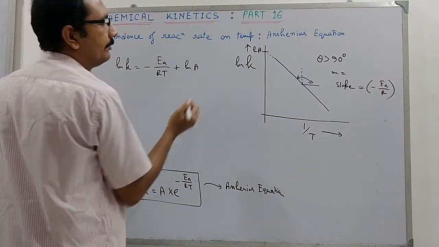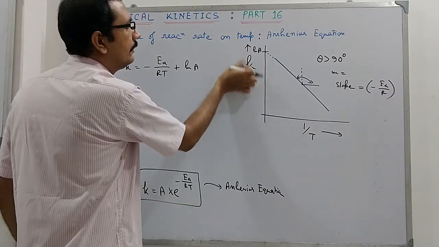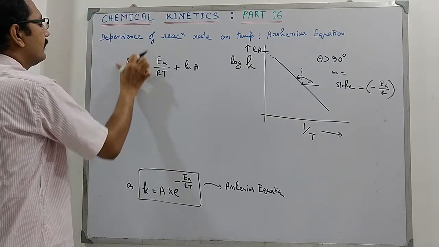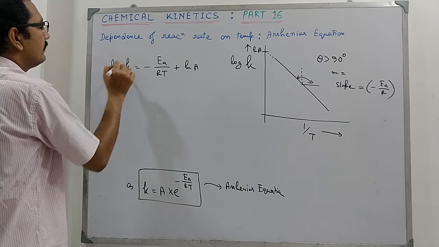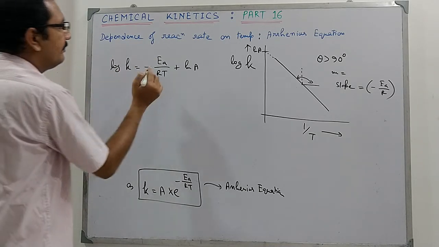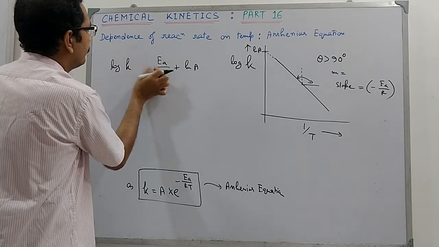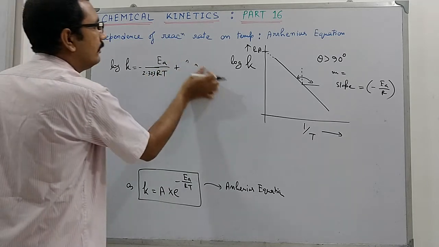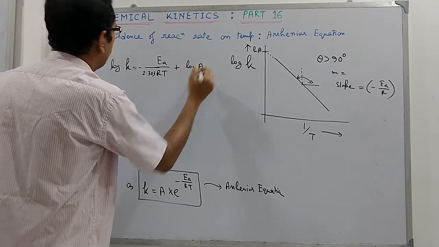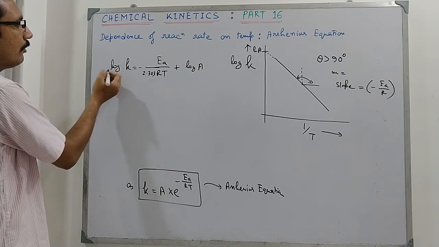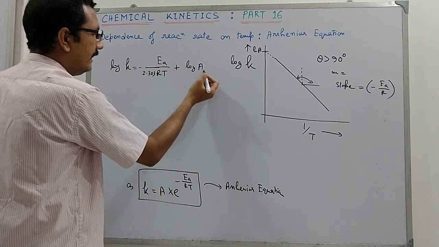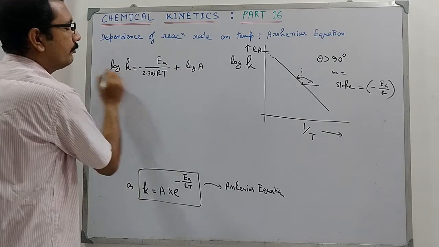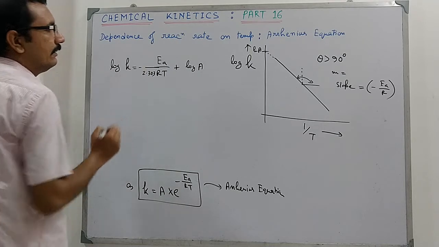But if they suggest you to plot it by log k versus 1 by T, then if you change log natural by log, it will be another term, that is 2.303, and it will be log. So you convert this log natural k to log k and this log natural A to log A. So you will have 2.303 here, 2.303 here, and you divide both sides by 2.303, so you will get this relation.